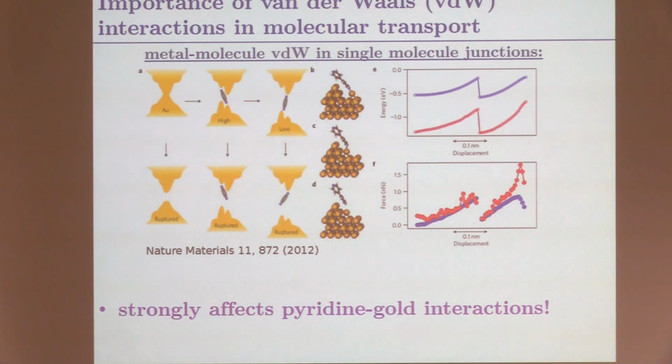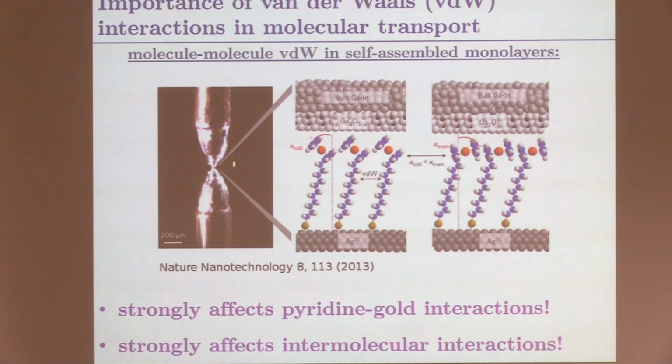And another very nice example actually comes from Chris' group. He works, as you know, on self-assembled monolayers. And these self-assembled monolayers, often they are bound to surfaces by covalent bonds. But in between the molecules, I mean, how are these molecules standing up? So these molecules are kept together by van der Waals interactions often.